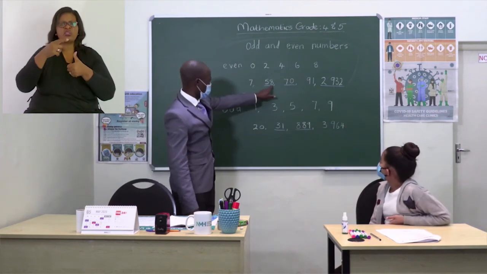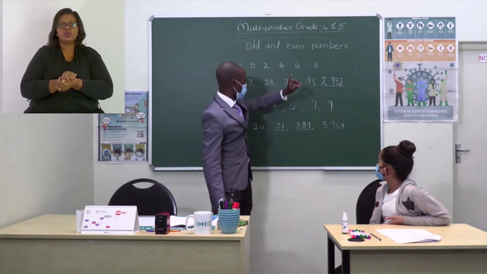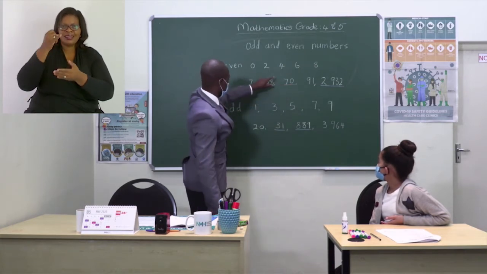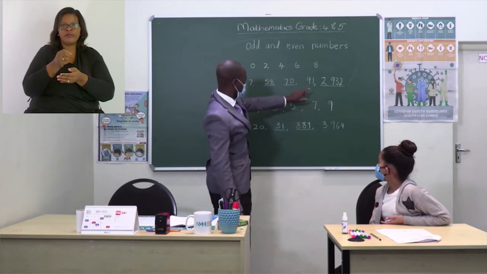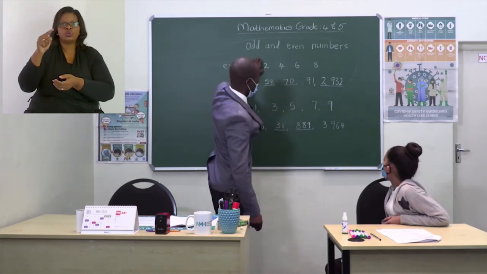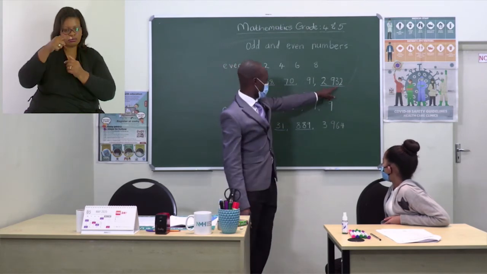We just look at the last number, 8. 8 is also there, meaning to say it's correct. On the second one, just look at the last number, 0. 0 is also there. So it's even. Then on this one, we are having a 2 at the end. So these answers are all correct.